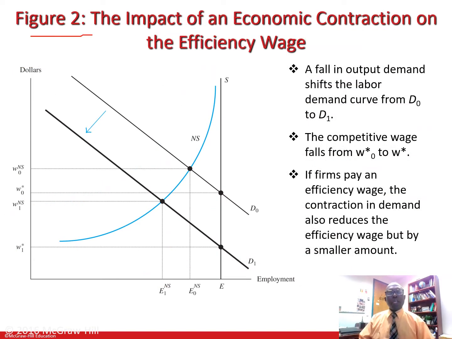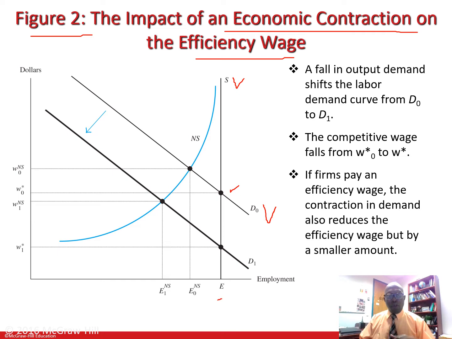Figure 2 illustrates the impact of an economic contraction on the efficiency wage. Before the contraction, the labor market is in equilibrium without the efficiency wage at S, where the vertical, perfectly inelastic supply curve crosses the demand curve at this point.